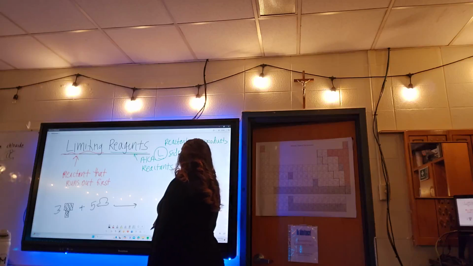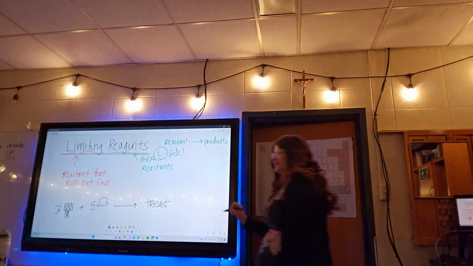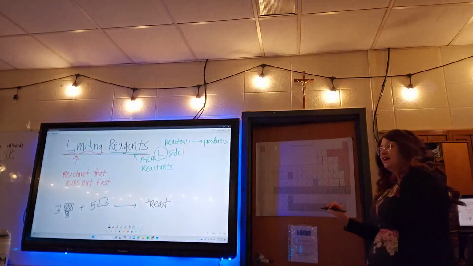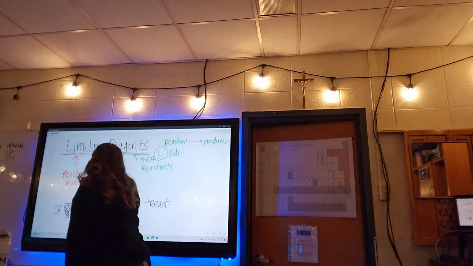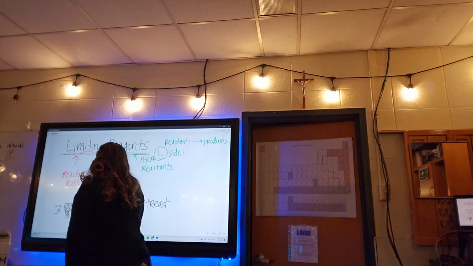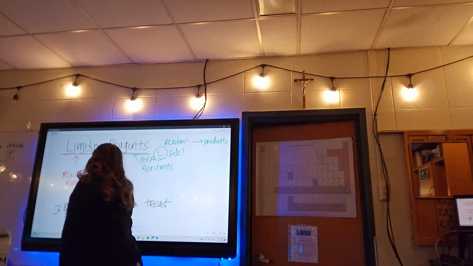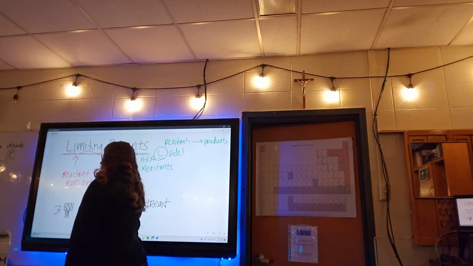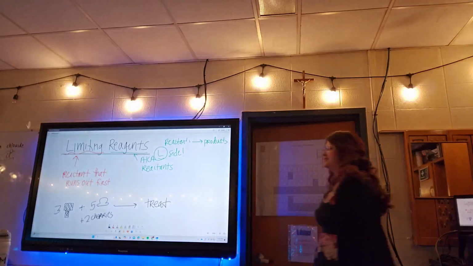Let's call it our ice cream treat, because it's not really a sundae if it's in a cone, right? Do we want any toppings? Cherries. How many cherries? Did you say 2? Okay. Plus 2 cherries equals our 1 ice cream treat.